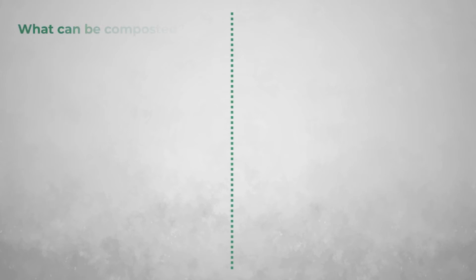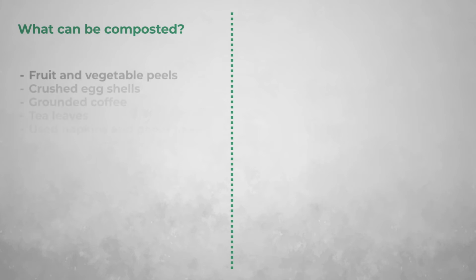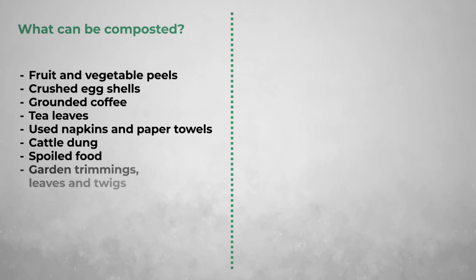Most of the kitchen and garden waste can be turned into compost. Organic wastes like fruit and vegetable peels, crushed eggshells, ground coffee, tea leaves, used napkins and paper towels, cattle dung, spoiled food, garden trimmings, leaves and twigs can be composted. However, there are some organic wastes that cannot be used for composting.